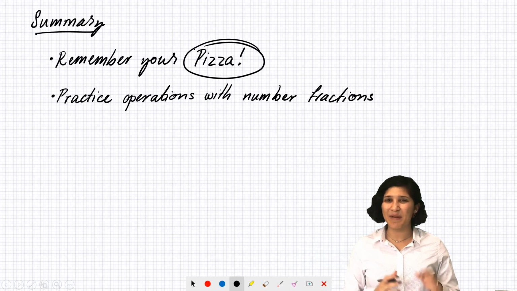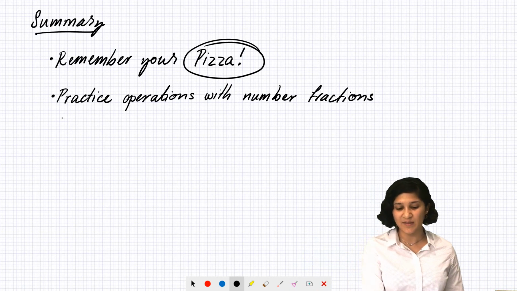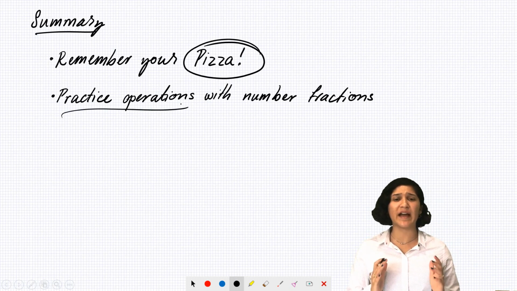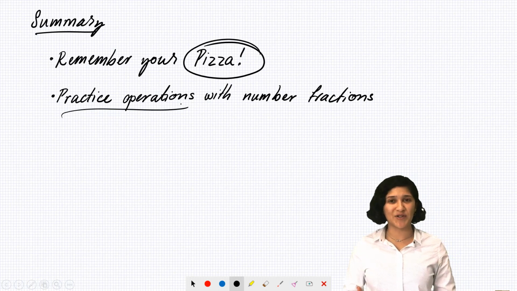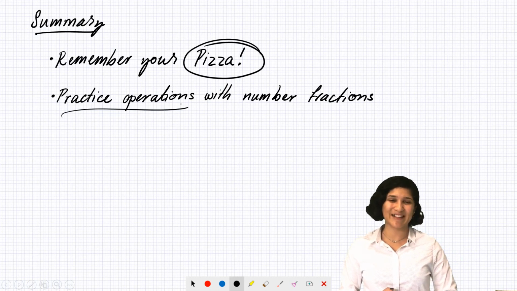So don't do that. Remember what all of the fraction operations are and spend some time practicing and revising those. And then make sure you're applying them in the same way to your algebraic terms. That way you can avoid making a lot of the mistakes and losing a lot of silly marks.